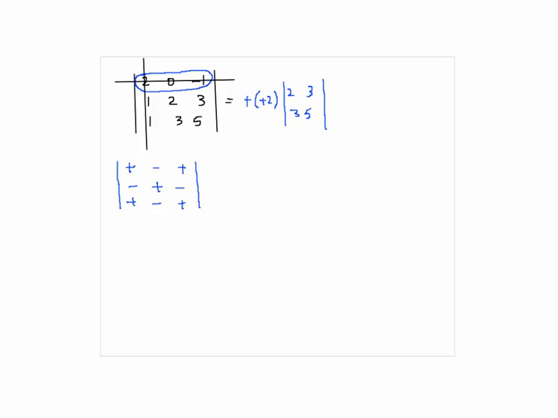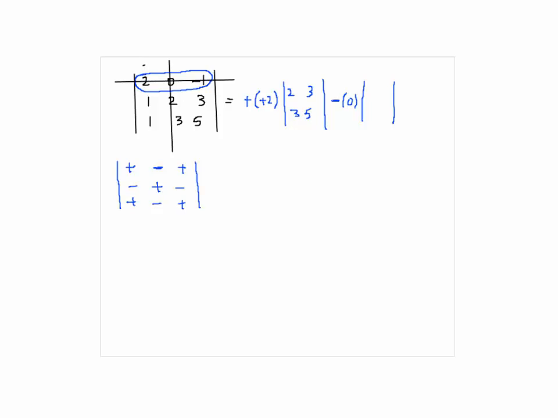Okay, the next step is to write the sign of the second element, which is minus, and the value of that is 0 times its minor matrix. Now, for the minor matrix for this, we need to move the lines again to the second element.